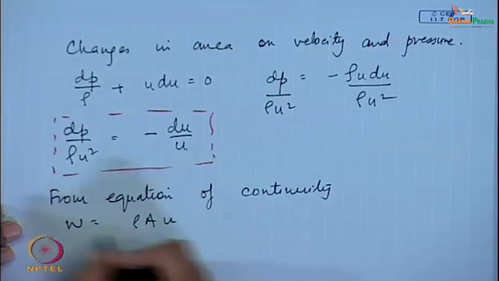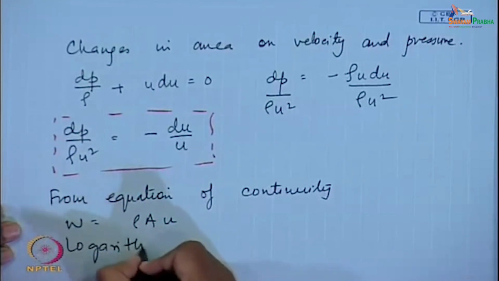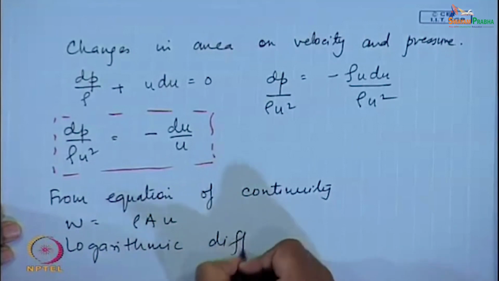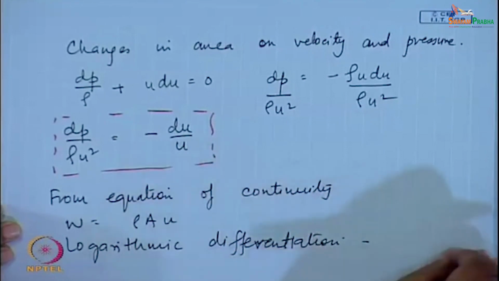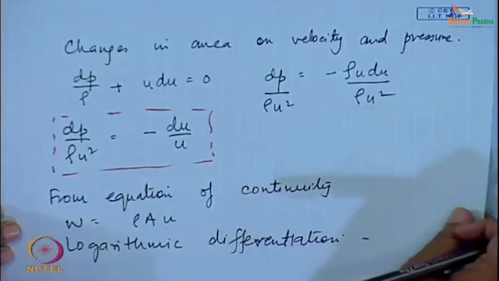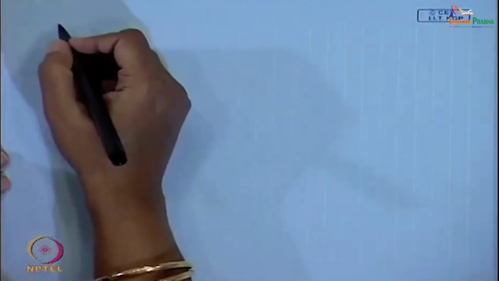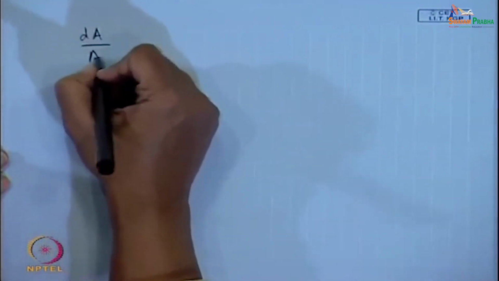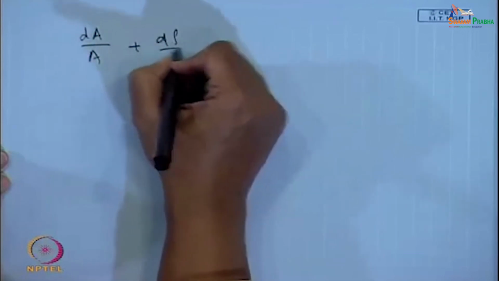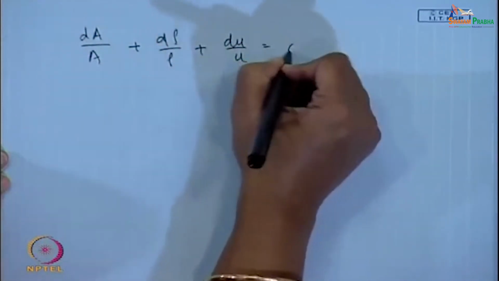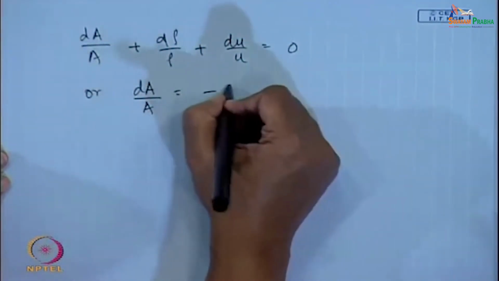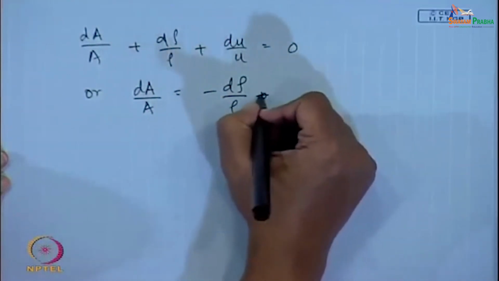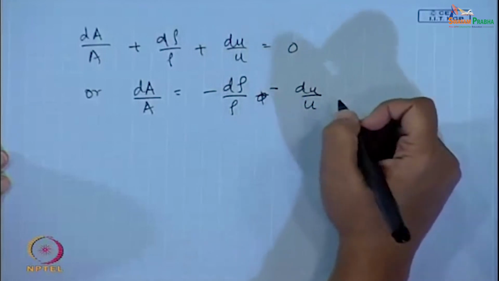If we take the logarithmic differentiation, like taking log and then differentiating, which we had already done in the last class I believe, it gives us an expression, I hope you have noted this down, dA by A plus d rho by rho plus du by u equals to 0, or in other words dA by A is nothing but minus d rho by rho minus du by u.